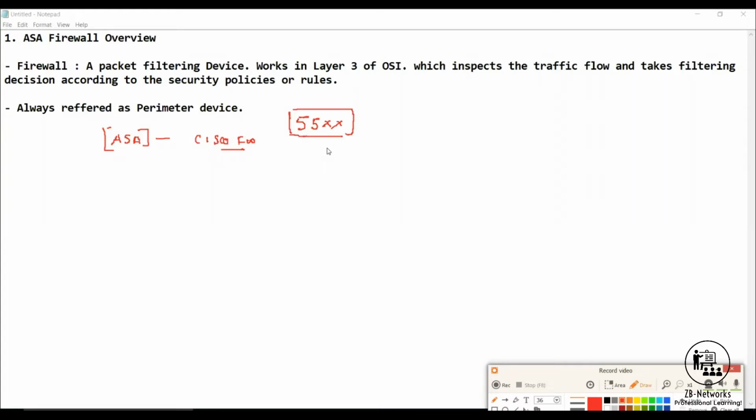But the whole idea is, across the different models of the ASA firewall, the only thing that differs is the throughput these firewalls offer in terms of bandwidth, the amount of traffic the firewall can handle, inbound and outbound, and also the processors, and the number of interfaces the firewall has to connect your devices.